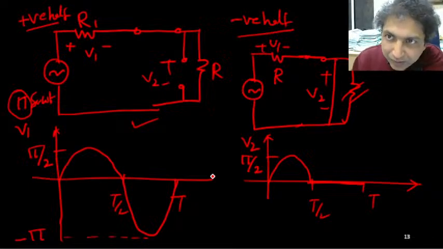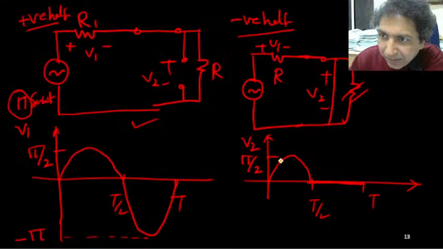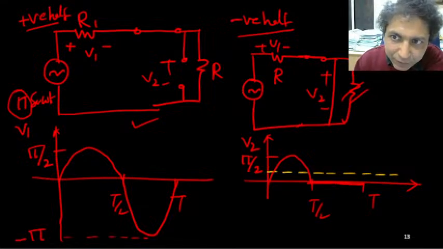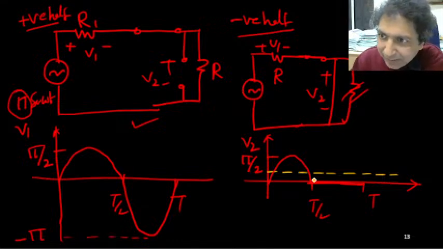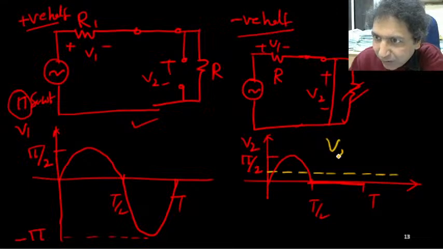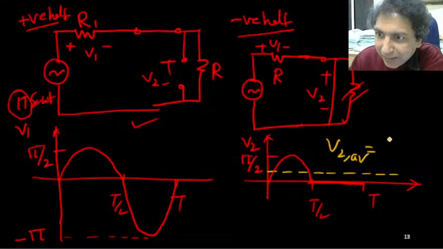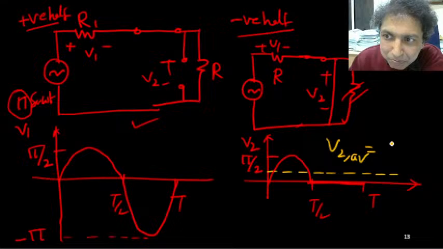Good. So now the next task is to find out the average value. So what is the average value? Average value will be for this one. It is a half wave rectifier. V2 is nothing but half wave rectifier output. In a half wave rectifier, what is the average? V2 average will be simply its amplitude VP by pi.